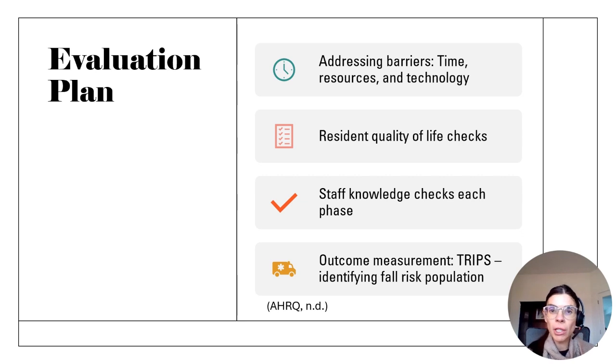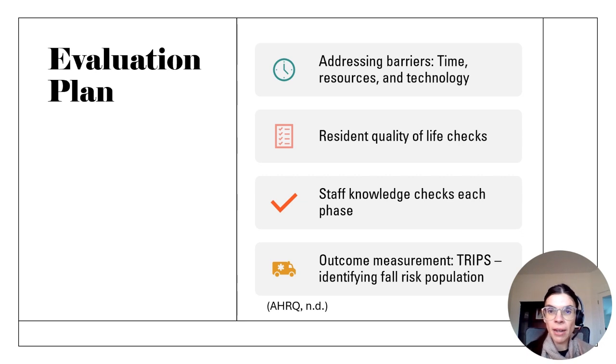And this evaluation method will also allow us to monitor staff knowledge. It's important that the staff are knowledgeable and to address any gaps in that education to staff, and this will help better implement that education. And we'll be doing an outcome measurement continuously.